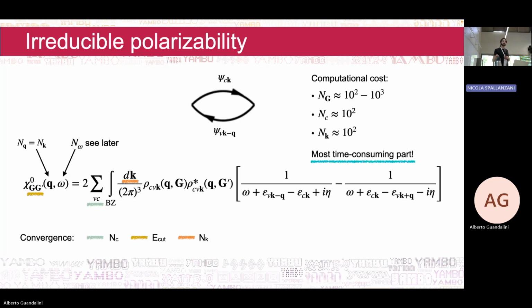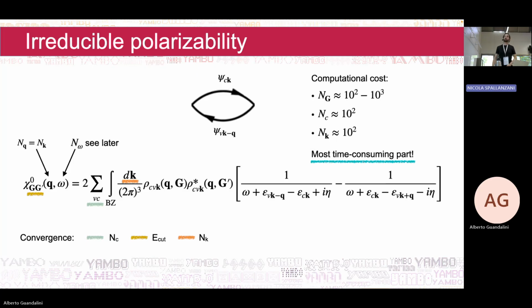This also because the calculation of the reducible polarizability is often the most time-consuming part of a GW calculation. This is because we need to sum over hundreds of states and perform this k integral for each element of the G G prime matrix, for each momentum transfer q that is equal to the number of k points of your discretization, and for each frequency.